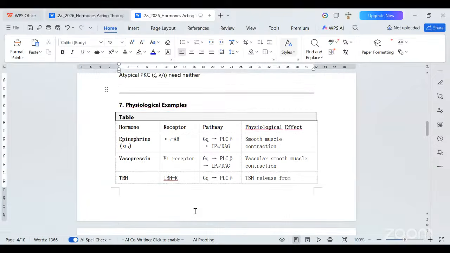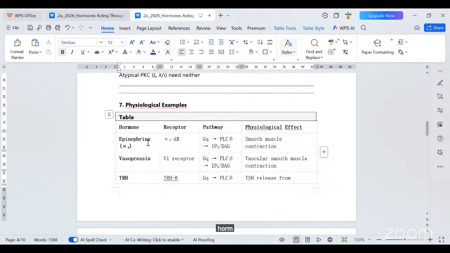Okay, now these are some examples. We said hormones. When a hormone is released onto the receptor, that is what triggers the reaction to start. So this is the hormone epinephrine. Epinephrine is released, it binds to its receptor.